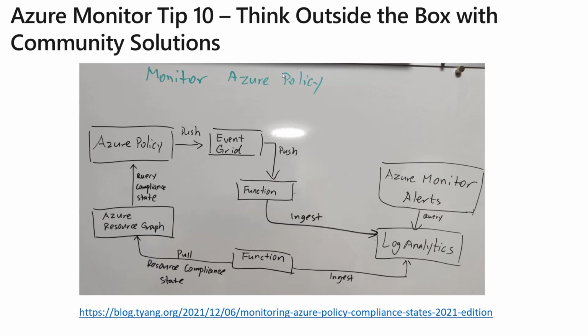So to solve that problem, Tao put together a really cool solution. You can see this is his whiteboard that he put up as an example on his blog post, which is linked below.